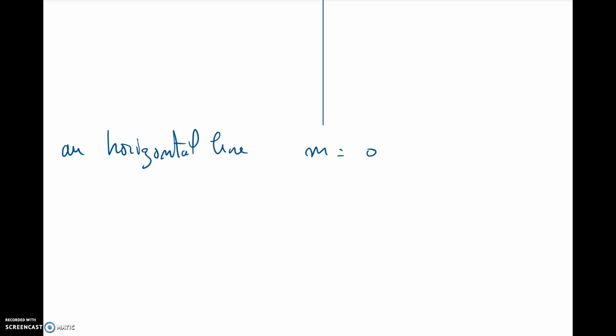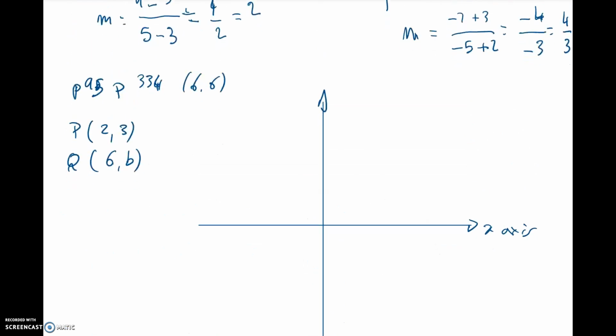Therefore, if the slope equals 0, the general form of the equation of a line is y equals mx plus b. If I am dealing with a horizontal line and m equals 0, that implies my line has the equation y equals b.